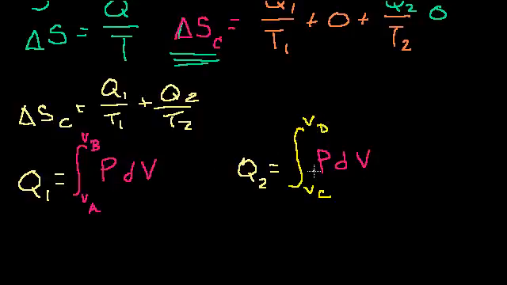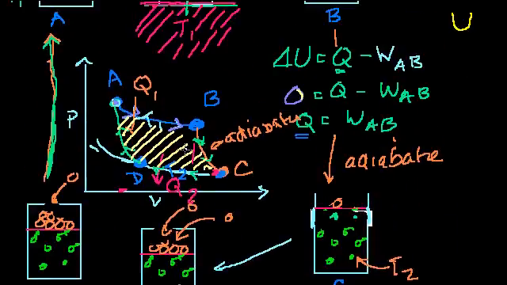Now, how can we evaluate these integrals? Well, we've done this before in a previous video. Both of these circumstances, going from A to B and from C to D, occur on isotherms, so the only things changing are pressure and volume. Temperature is not changing.